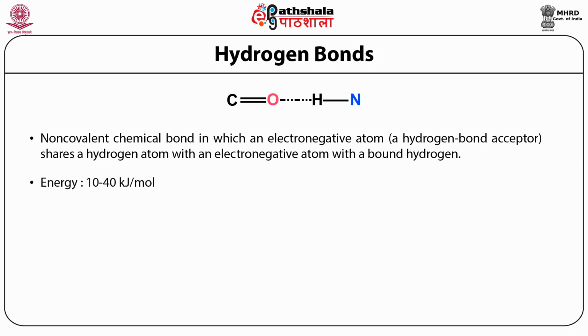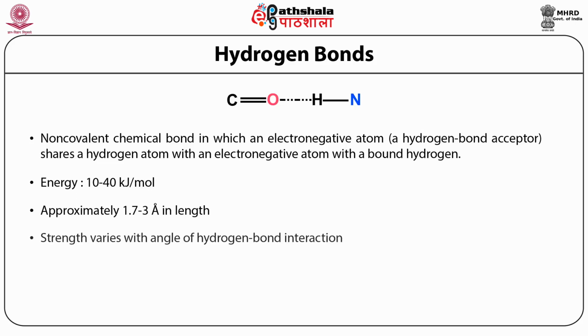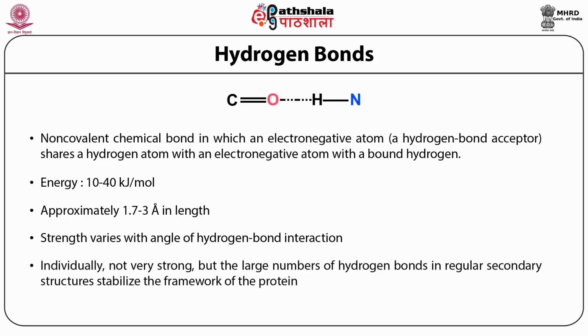The energy is 10 to 40 kilojoule per mole, and its distance is around 1.7 to 3 angstrom in length. The strength of a hydrogen bond varies with the angle of the hydrogen bonded interaction as well as the length, of course. Individually not very strong, but the large number of hydrogen bonds in regular secondary structure stabilize the framework of the protein.